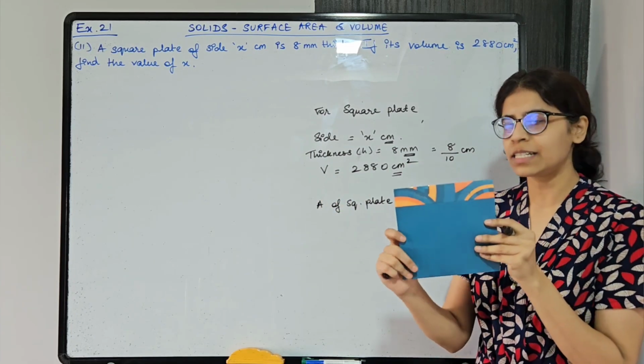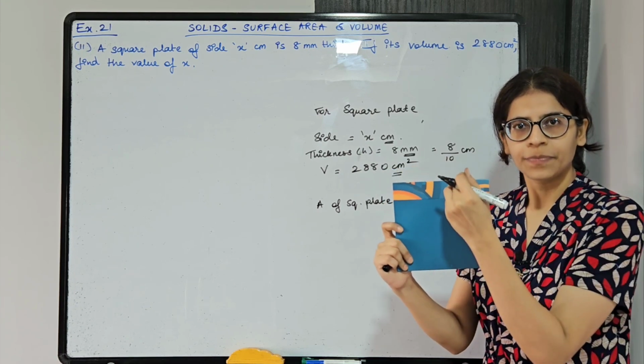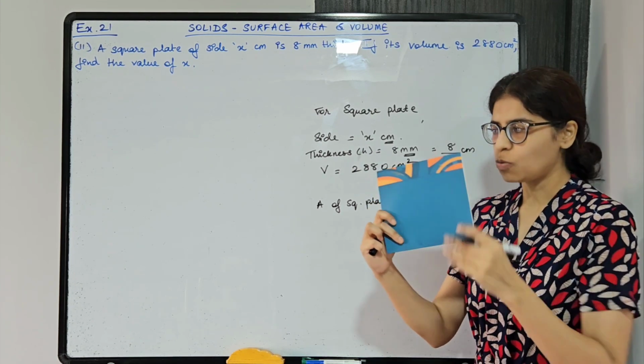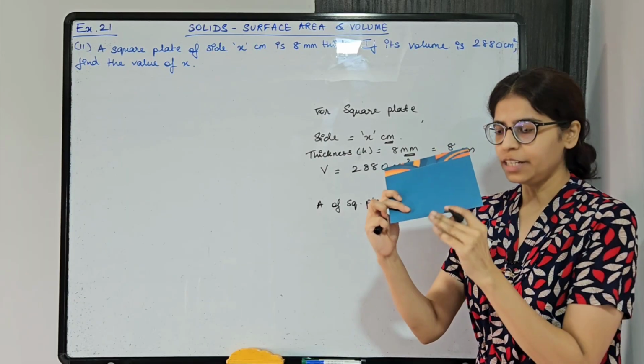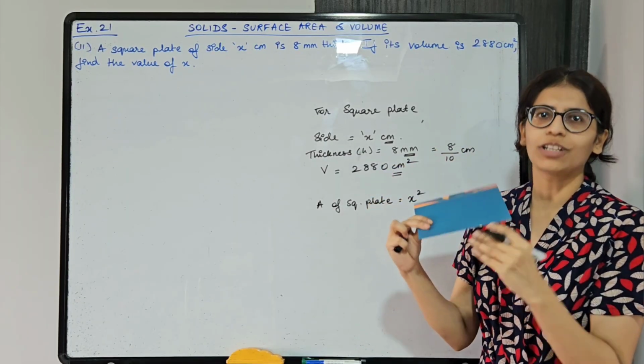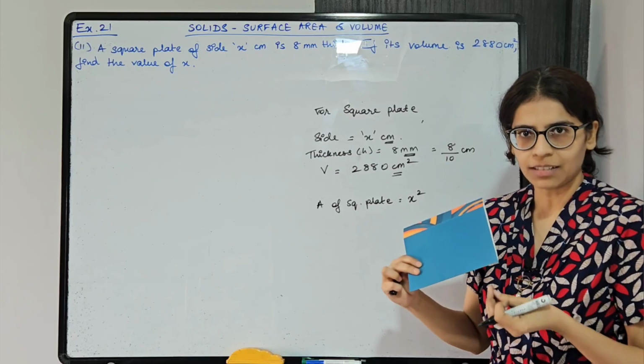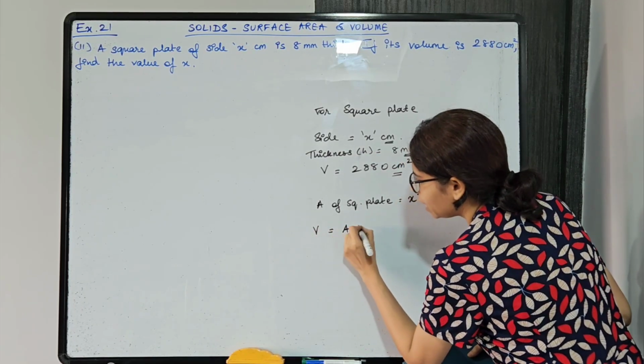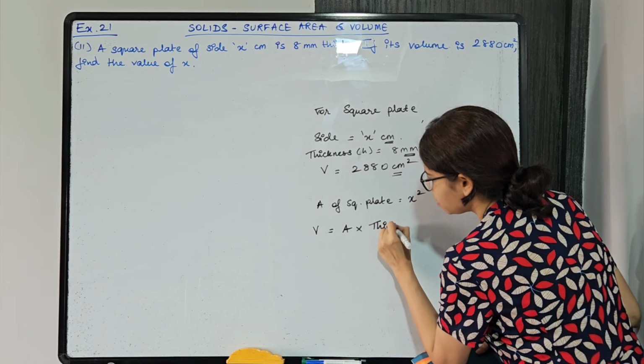Volume of this plate is nothing but the area into the thickness, okay? So whatever is the area into the thickness or the height, ठीक है, or depth. So volume is nothing but area into the thickness.